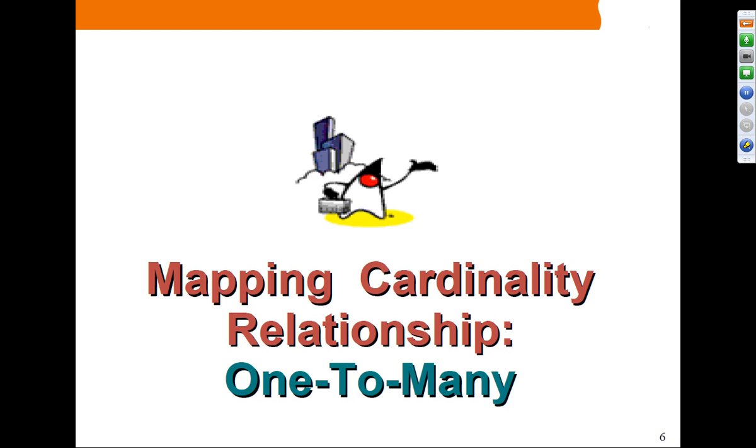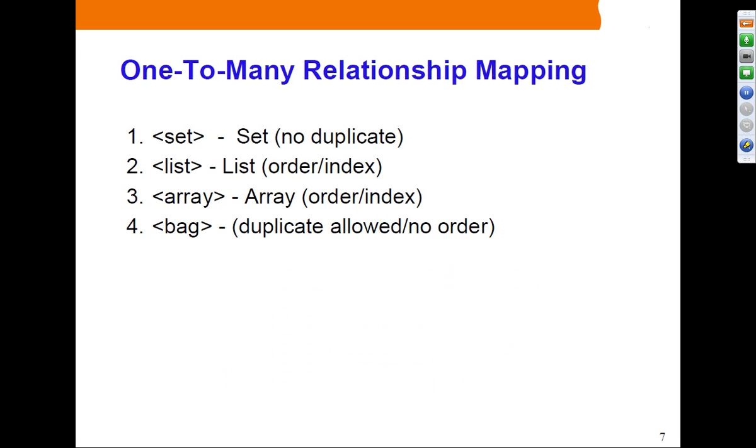Moving forward, one-to-one is not that interesting. The most popular cardinality relationship is one-to-many. In Hibernate, in Java, you can use a different set of collection classes to reflect this one-to-many. You can use set, you can use list, and you can use array. As you probably know, set does not allow duplicates, and it doesn't have any order.